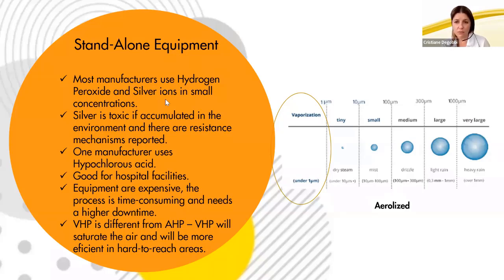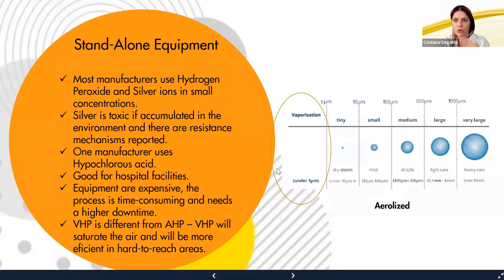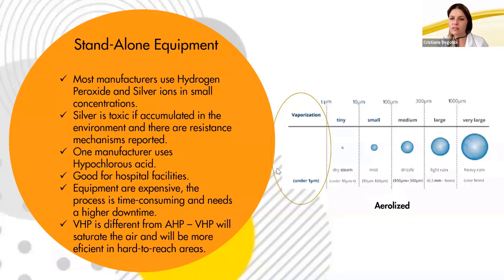It is laborious. Why is that? Well, we need to isolate the entire room. Okay, it has to be really sealed, because you do not want to expose other occupants to vaporized hydrogen peroxide, really tiny particles that will go deep inside your lungs. So you need to make sure that you isolate that room, and this can be very laborious.